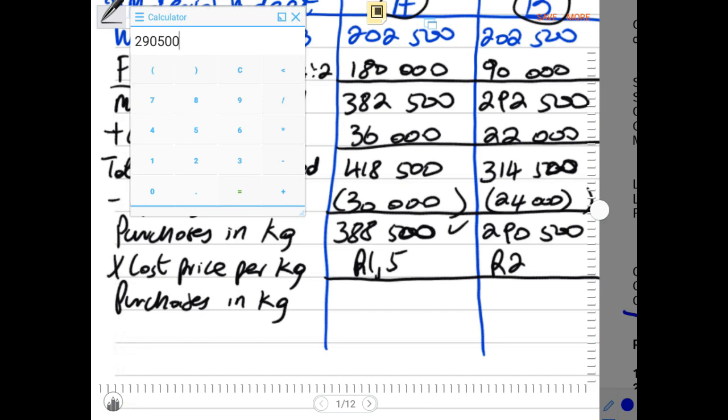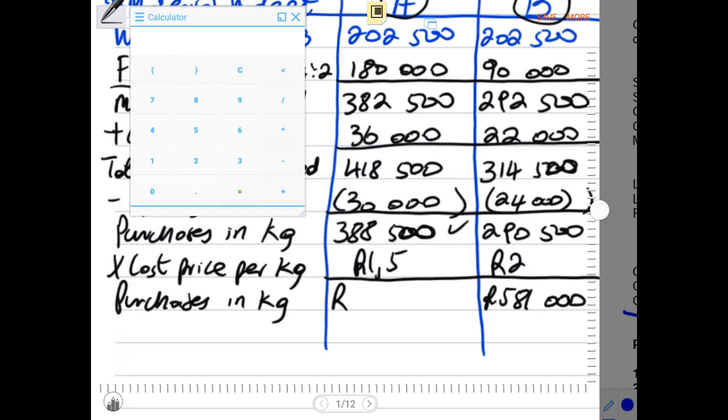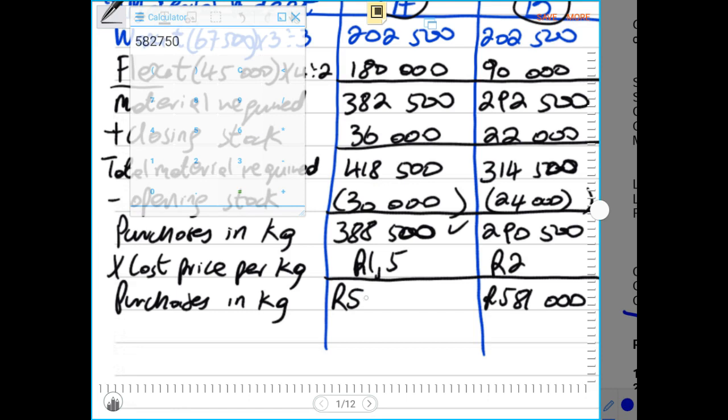290,500 multiplied by 2 gives us 581,000 rands. This is the value of the material that we need to pay. For material A, R1.50 multiplied by 388,500 kgs gives us 582,750 rands.